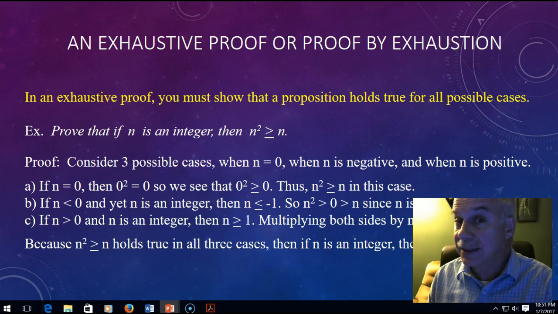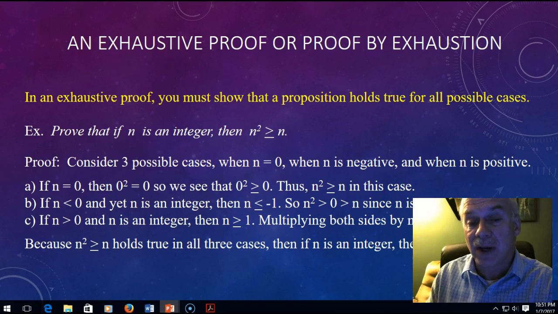Now that is not necessarily true if n is not an integer, like in the case of 0.5. If n was 0.5, what's 0.5 squared? Well, that's 0.25. And 0.25 is not greater than or equal to 0.5. But if n is an integer, this will be true.